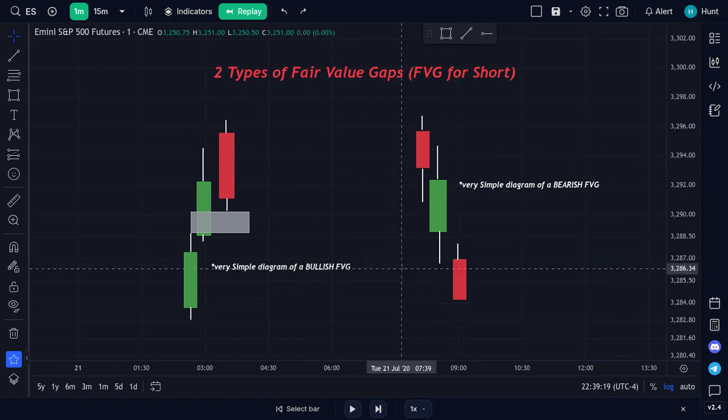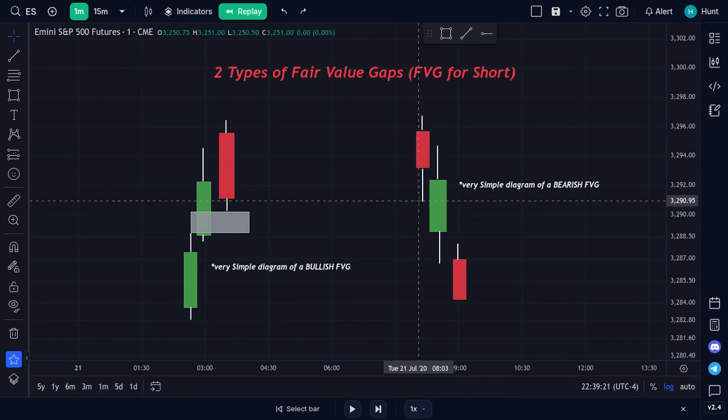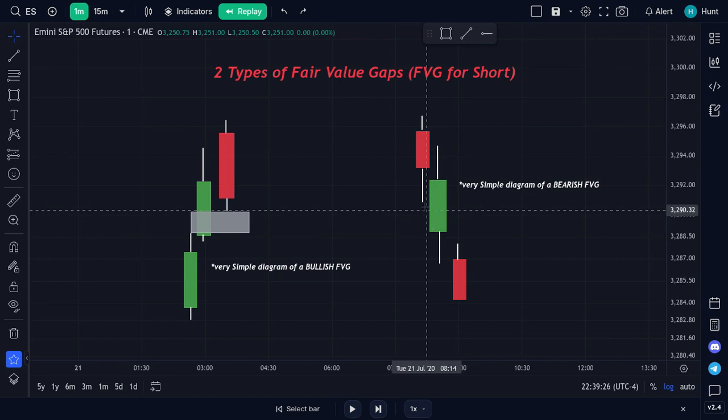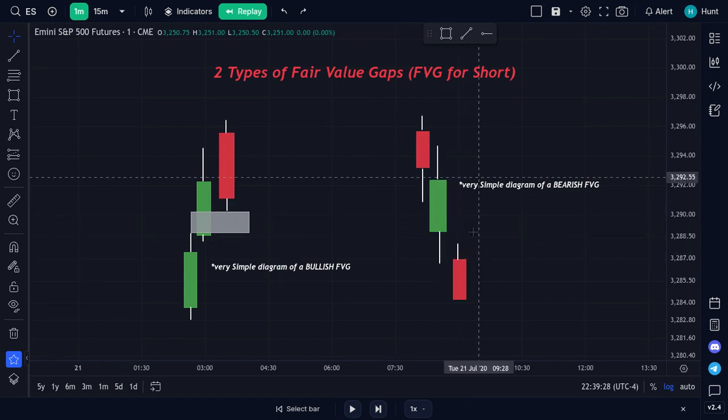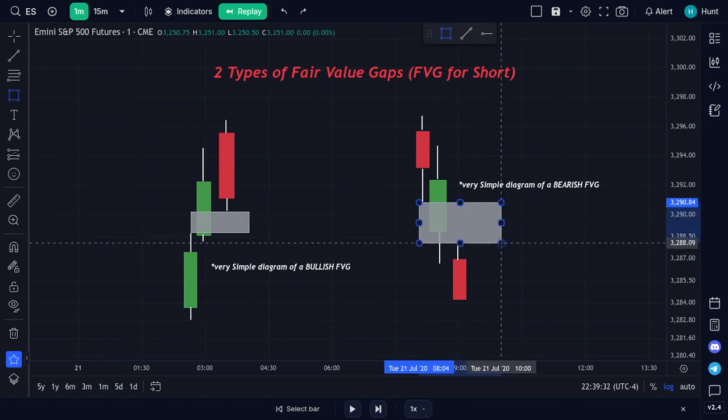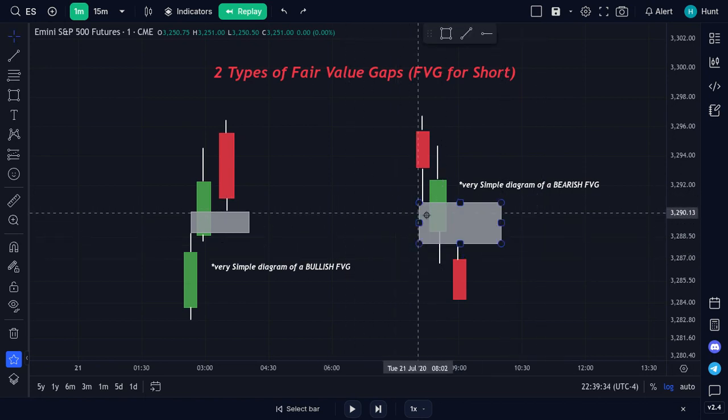Same thing: the bottom of this red candlestick's wick and the top of this red candlestick's wick have a gap in between. So that is an imbalance or a fair value gap.